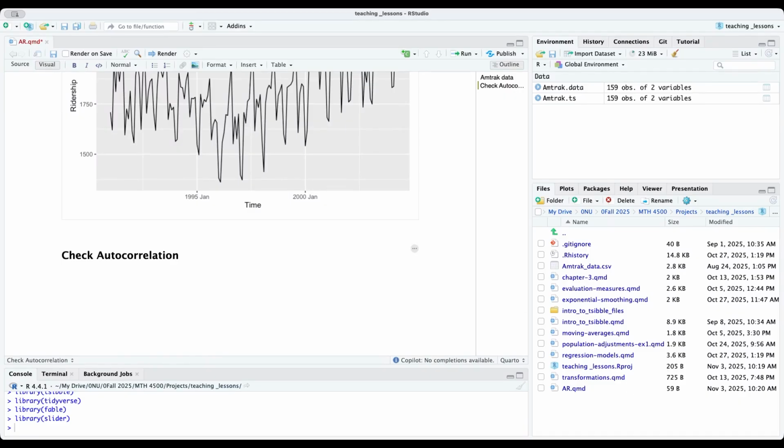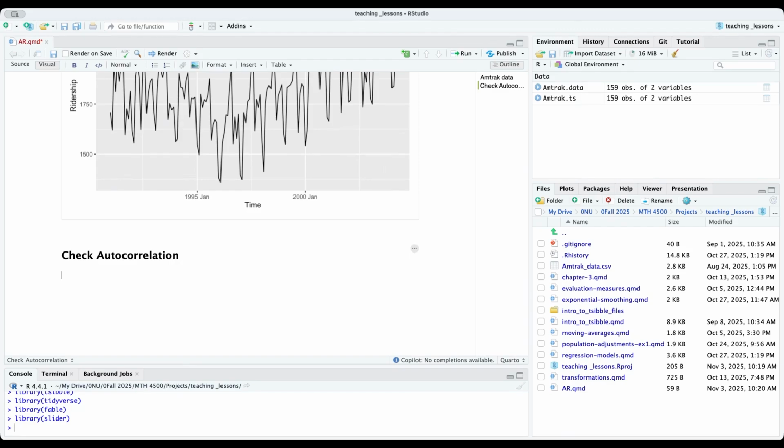And actually, I would like to say something, because the idea is we would like to know something about the random walk. Is it a random walk or no? To say something about that, we have to look at the autocorrelation. There are two methods that we can check. We look at the ACF plot of the ridership and its lagged values. Or method number 2, we check the ACF plot of the first difference series.